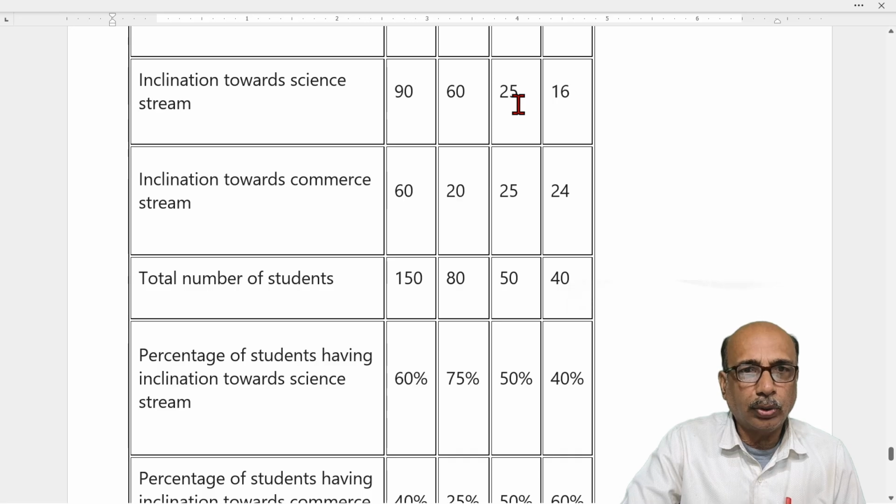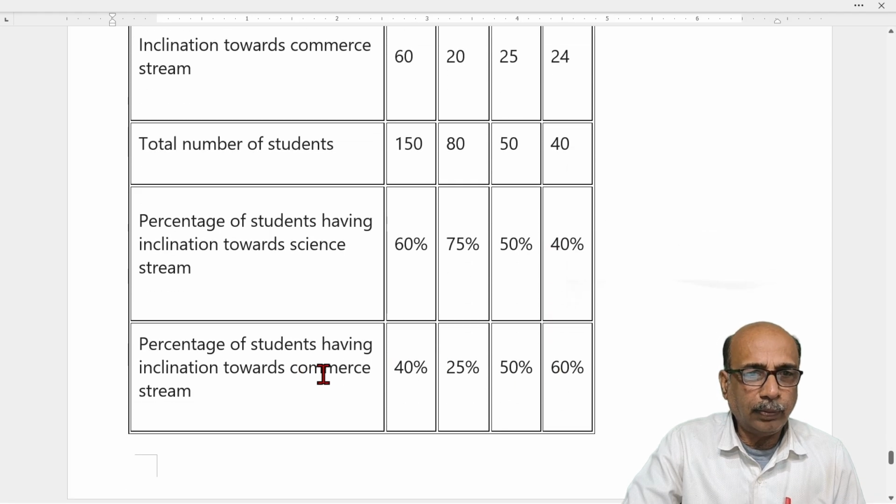For third school, 25 upon 50 into 100 is 50%. And for fourth school, 16 upon 40 into 100 is 40%.